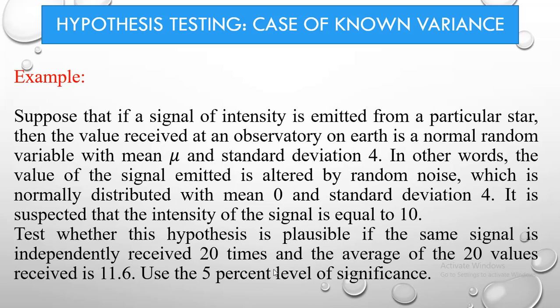It is suspected that the average intensity of the signal is equal to 10. Test whether this hypothesis is plausible if the same signal is independently received 20 times and the average of the 20 values received is given. Use the 5% level of significance.